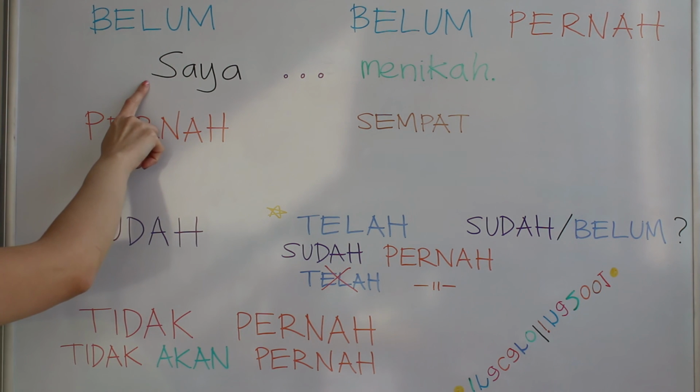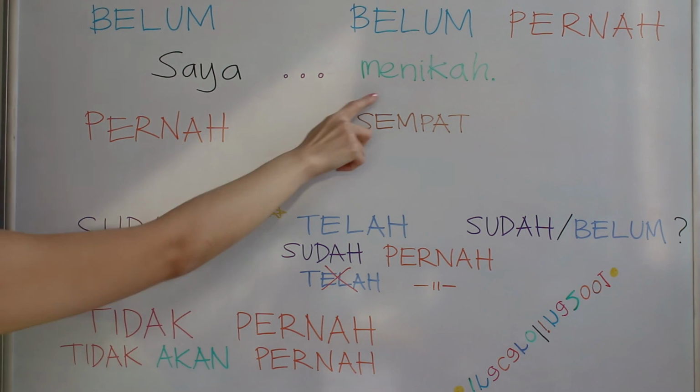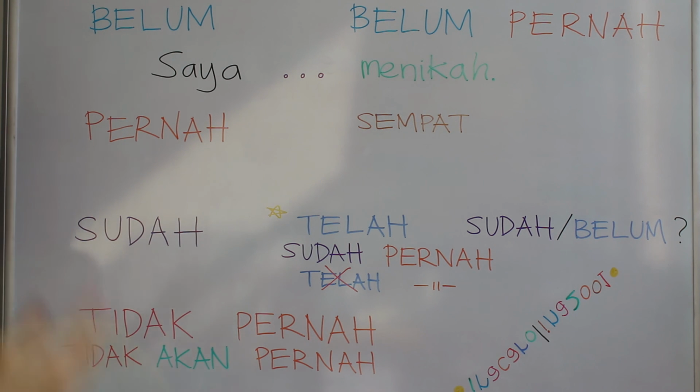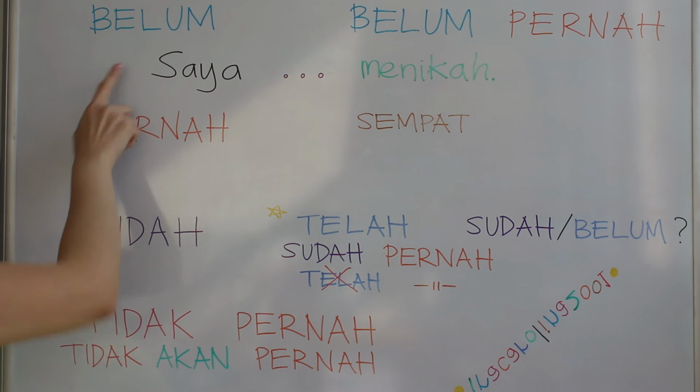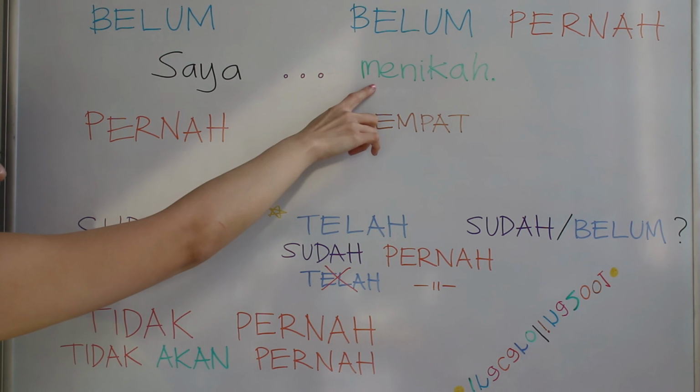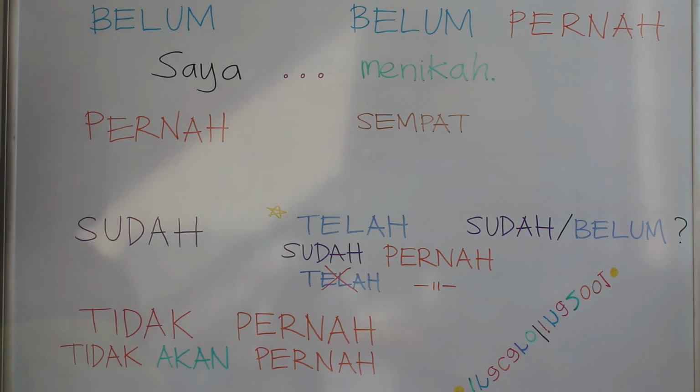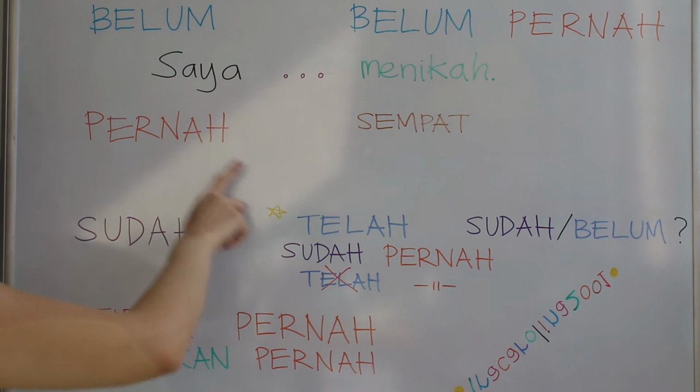Saya tidak menikah. I'm not married. It means I'm single, I'm not in a relationship with someone, like a marital relationship. Saya tidak pernah menikah.